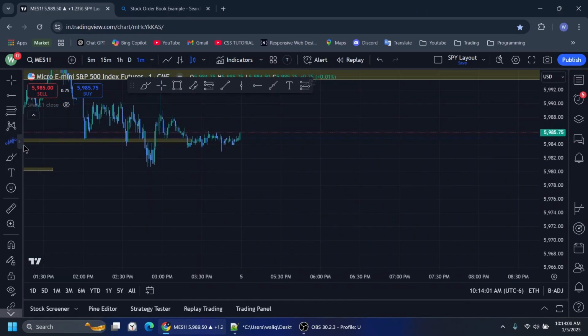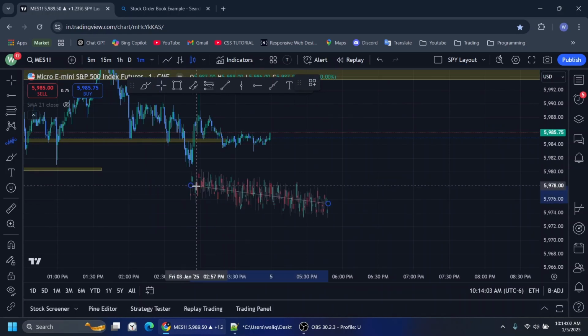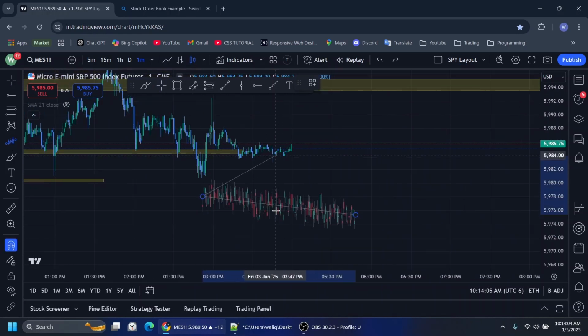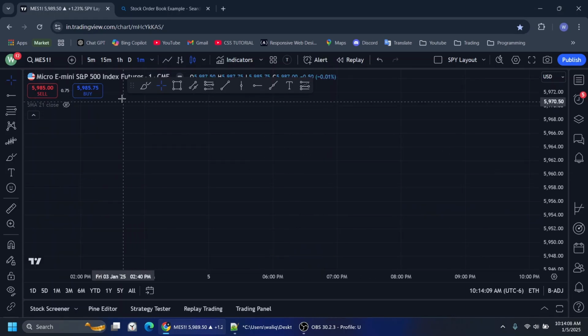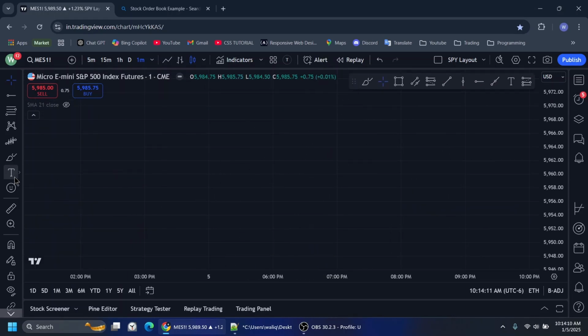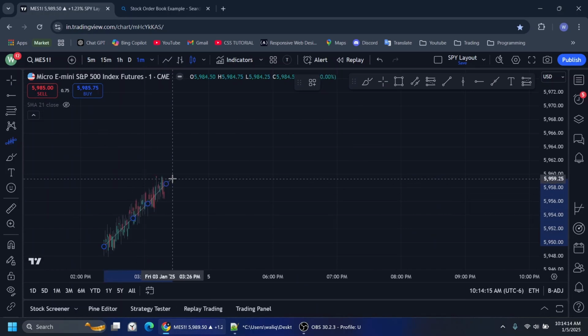For example, I need a clear screen, that looks much better. So for example, the price is moving like this, in an uptrend, right? And the institution is like, okay, we want to buy.